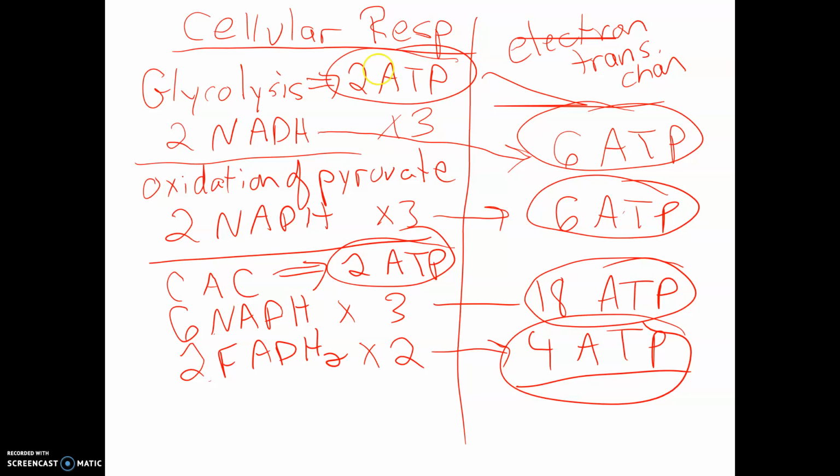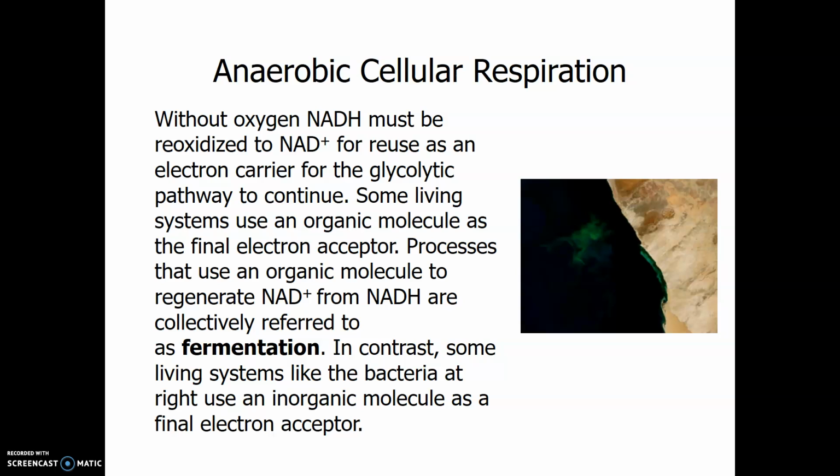So add all those together. 2 plus 2 is 4, plus 6 is 10, plus 6 is 16. 16 plus 18 is 34, plus 4 is 38. And 38 is the maximum number of ATPs that can be produced per glucose. Sometimes it's less, sometimes it's 36, because there are some variations on this process.